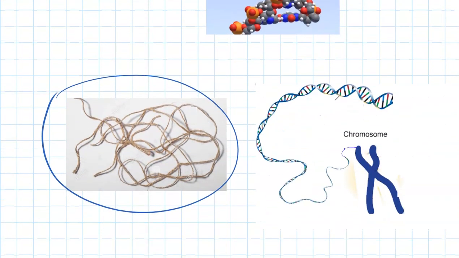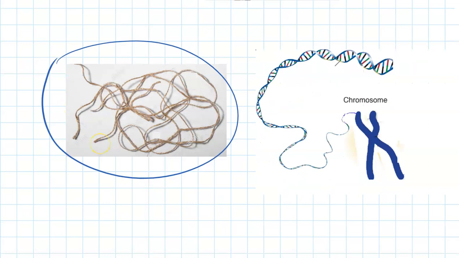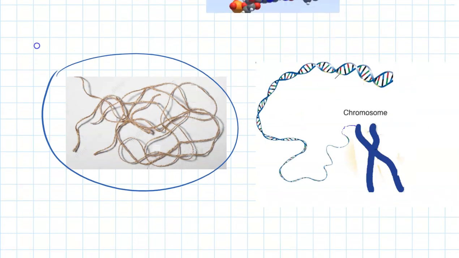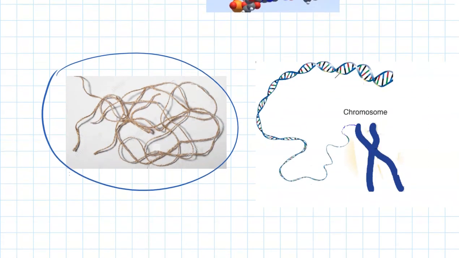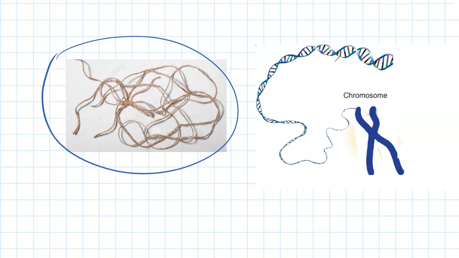So when you view them under a microscope, you're basically looking at long pieces of string. And what scientists have discovered is that actually we don't have just one molecule of DNA in every cell. Our DNA is chopped up into 46 different pieces. And each one of those single 46 molecules is called a chromosome.